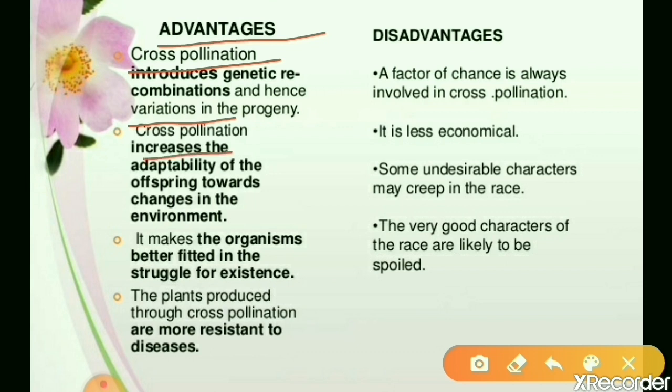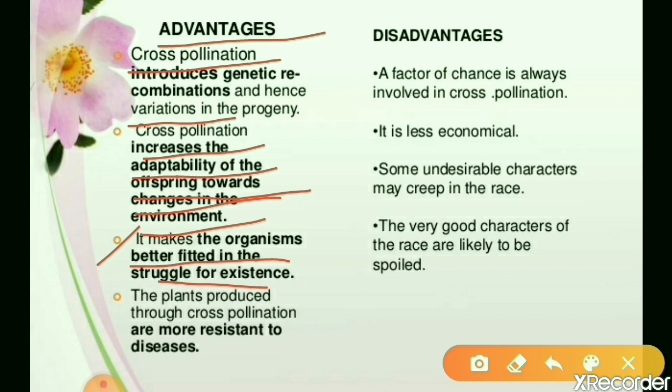Next, cross-pollination increases adaptability of the offspring towards changes in the environment. The offspring formed by the cross-pollination have the capacity to adjust to various environmental changes. Next, it makes the organisms better fitted in the struggle for existence.